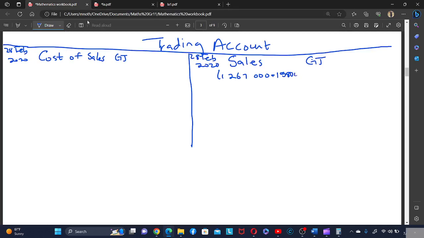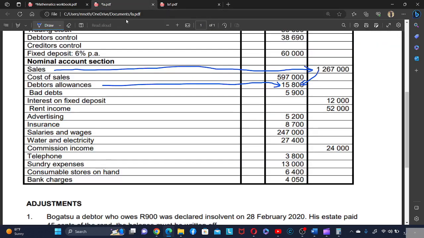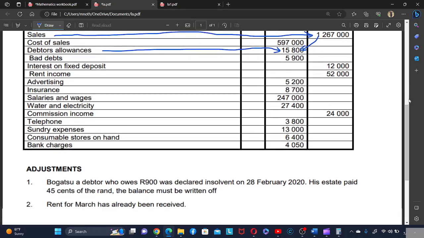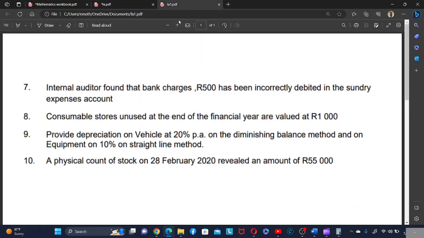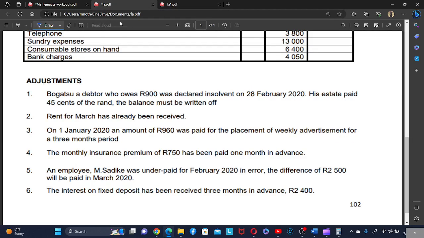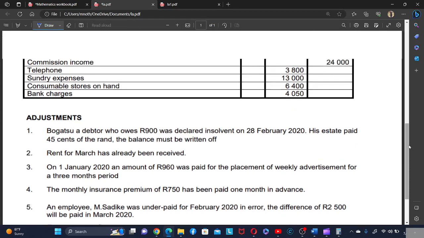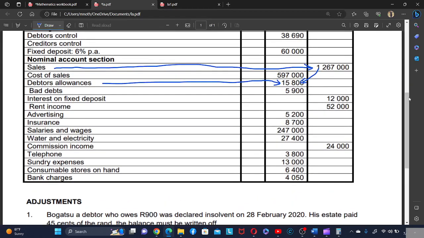Okay, so before we close the bracket, we have to go to the adjustment and check if there is anything that is affecting the sales or the cost of sales. So if you can check here, we don't have the adjustment that is affecting the sales and the cost of sales. Now, the cost of sales, they are how much? Cost of sales, it is 597,000.